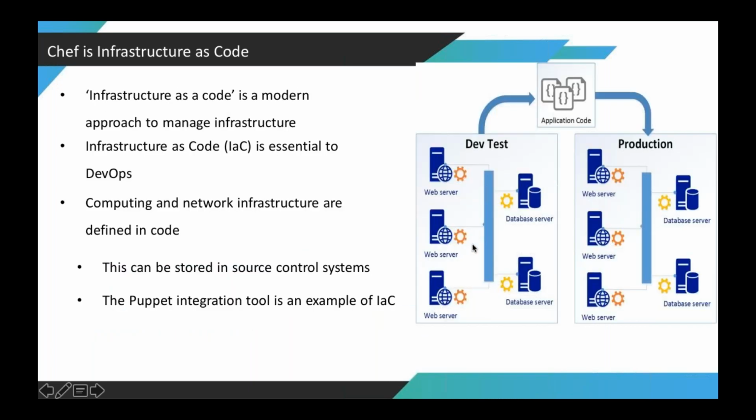All right. Next comes infrastructure as code. Infrastructure as code is a practice where you manage your infrastructure by turning it into code. And there are numerous advantages of this practice.